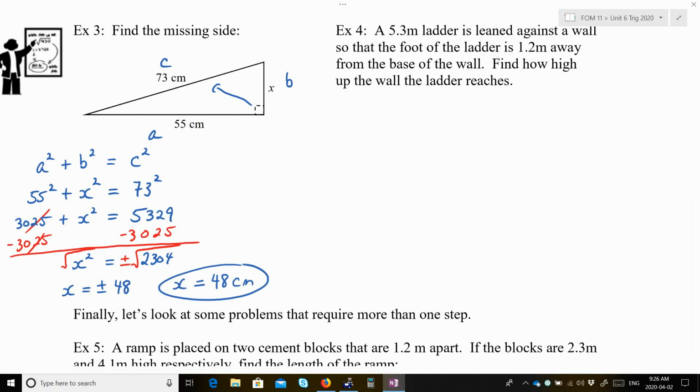All right, let's try example 4. A 5.3 meter ladder is leaned against a wall so that the foot of the ladder is 1.2 meters away from the base of the wall. Find how high up the wall the ladder reaches. Okay. So let's call this the wall.